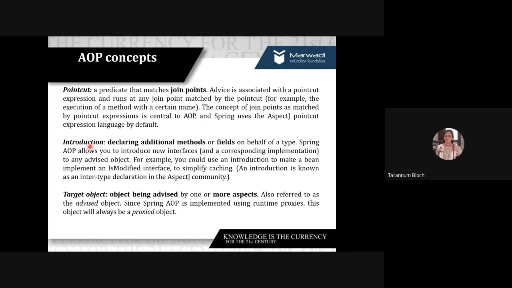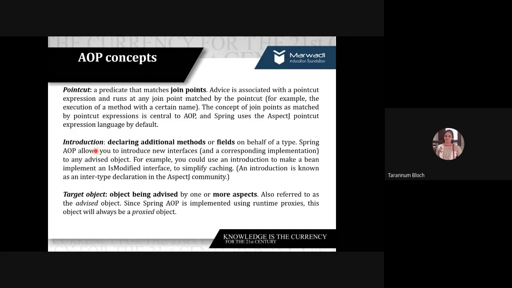As well, we have introduction. When I say introduction, it means the declaration of any additional variable or methods. If you have any field on behalf of a type, or if you want to declare new methods, then you can have the introduction. The ones which are already defined are there in the aspect, but the one which was not there in the aspect class and now you want to add it, you call it an introduction.